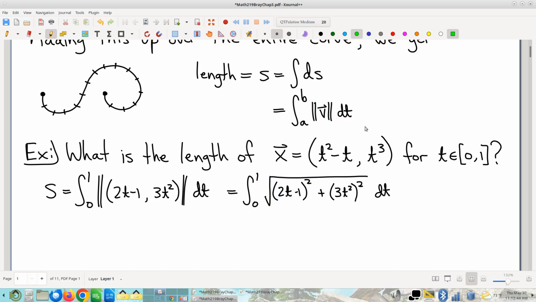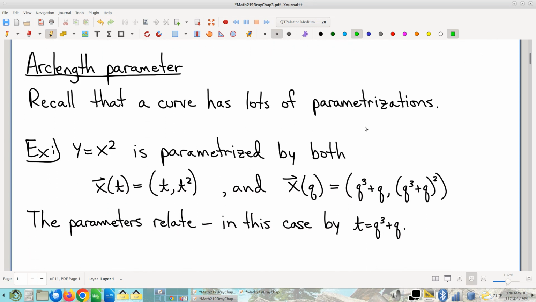Too bad. Okay, so this allows us to define a new concept. This new concept is useful in a lot of abstract ways that we're not really going to do much with in this class. But this does need to get said. It turns out there are, as you all know, lots of parameterizations of any curve.